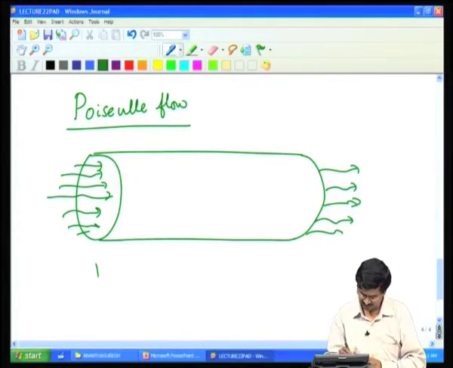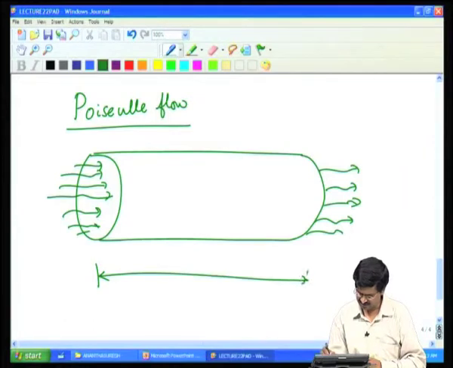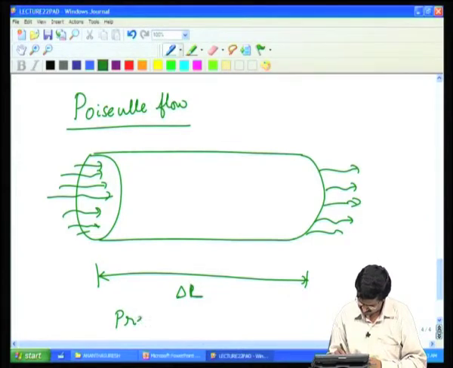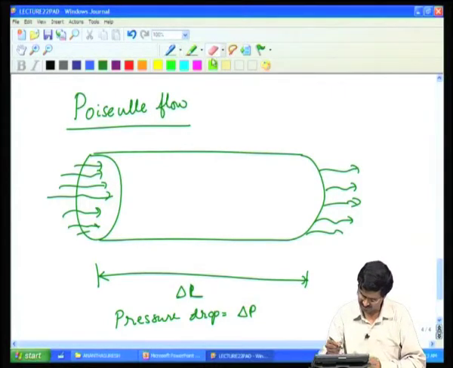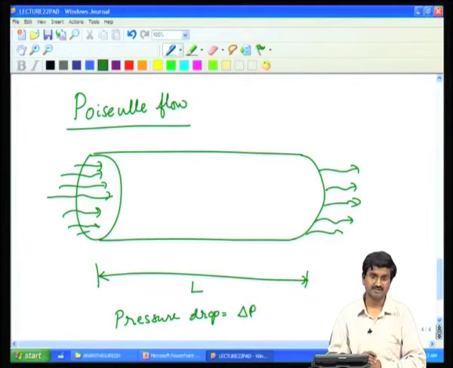Let us say there is a pressure drop across this. The length is L, and the pressure drop across that length, let us say delta p.